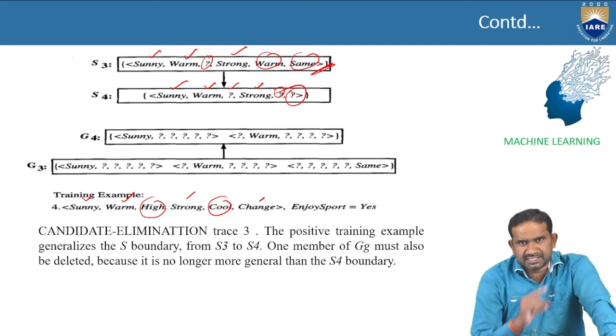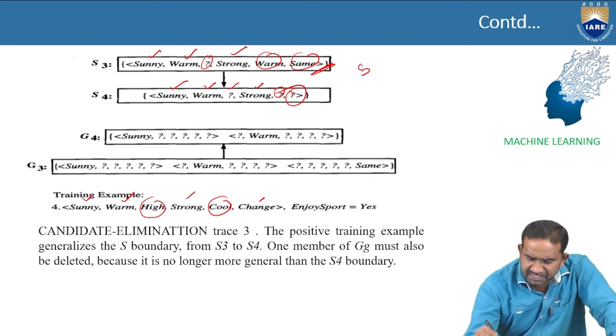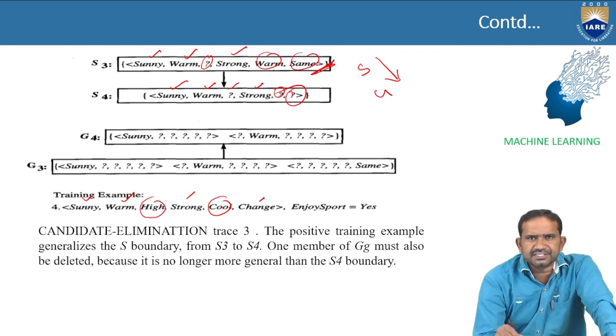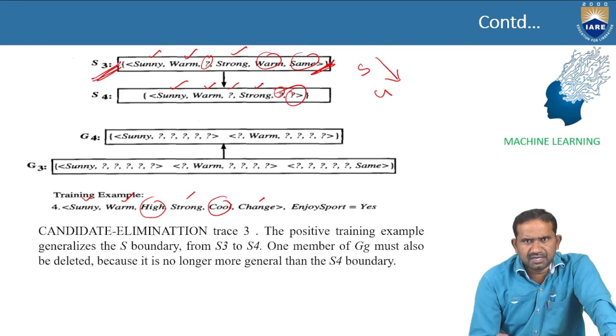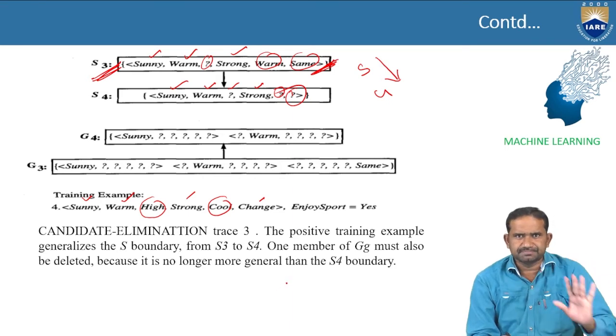Previously I made one statement about this: we can start from the specific and move to the generalized when it is a positive example. Here it is proved. In S3, the specific hypothesis stays the same, fixed.